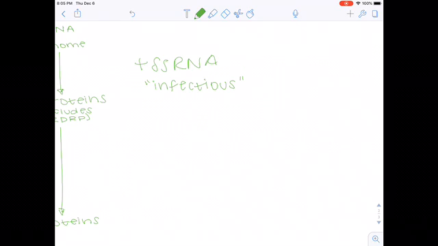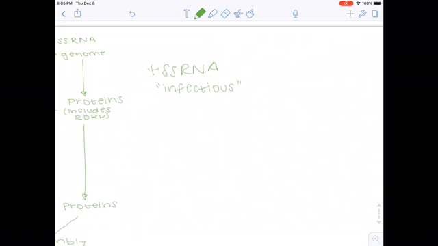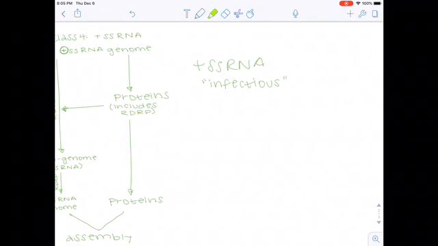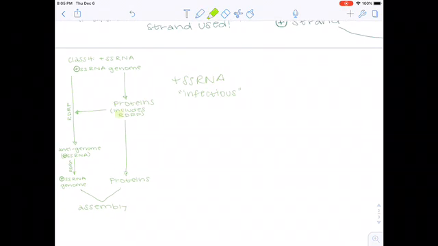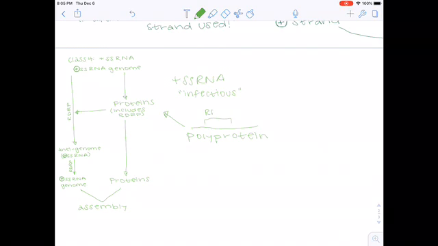So since positive sense single-stranded RNA can act as an mRNA, they don't need to carry RDRP into the cell. It actually is coded as a polyprotein. So right here, we have one long polyprotein and a portion of this, let's say it's right here, a portion of this will code for the RDRP.